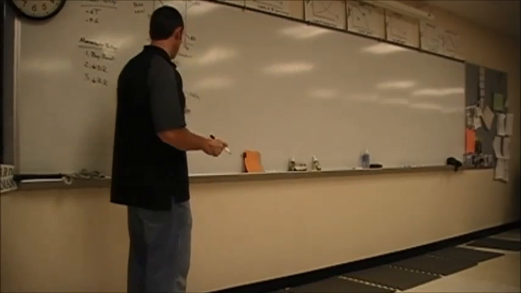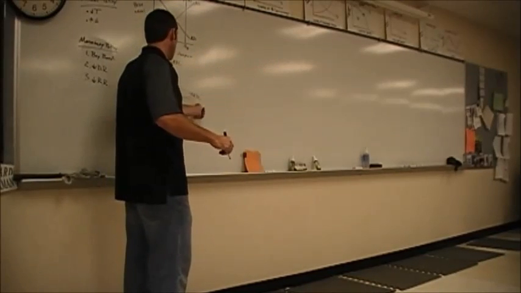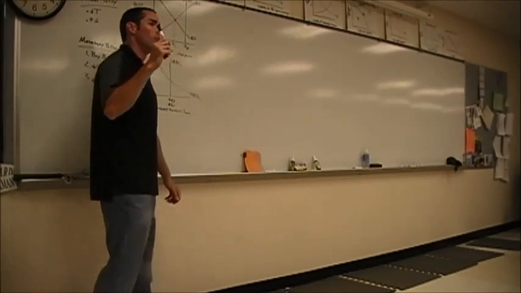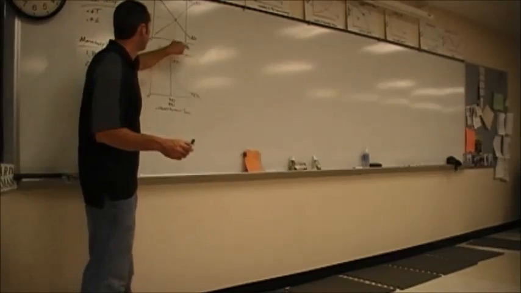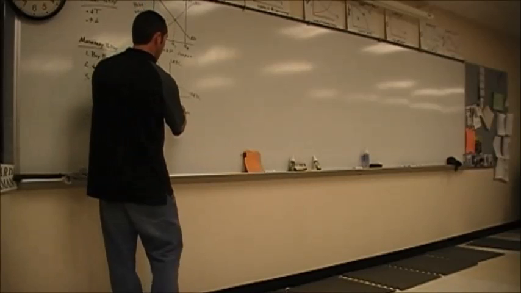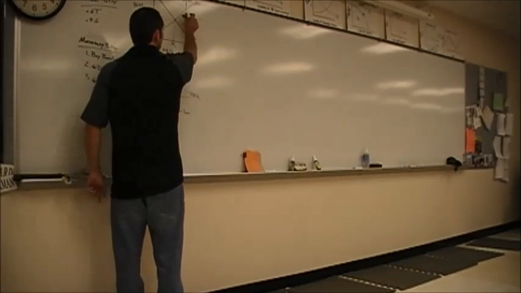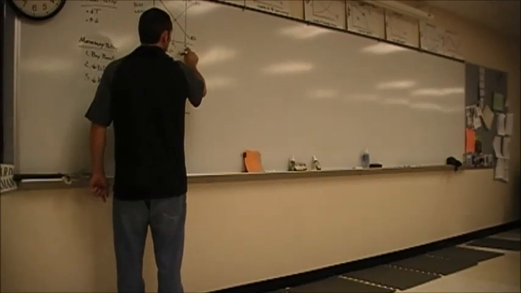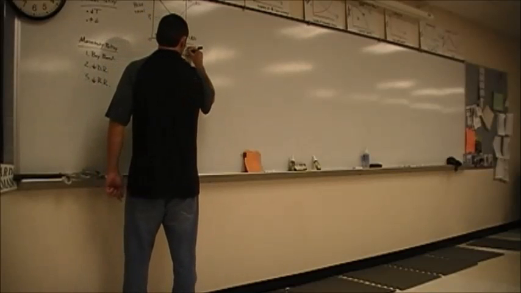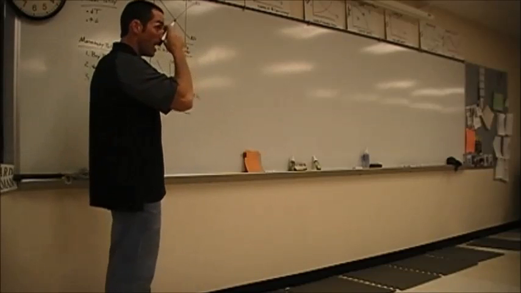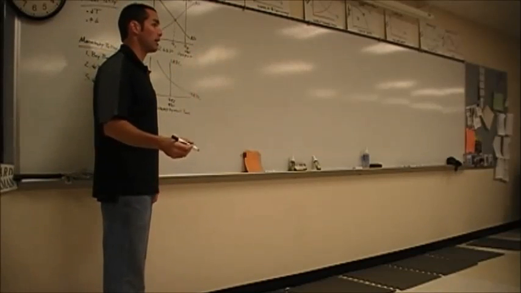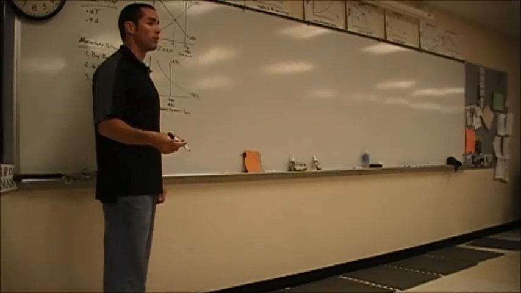Why is our natural rate of unemployment this whole idea of 4 to 5%? If we're at 4 to 5% unemployment, that is considered to be full employment. That would be the NRU, the natural rate of unemployment, right there. Why is it 4 to 5% unemployment and not 0?